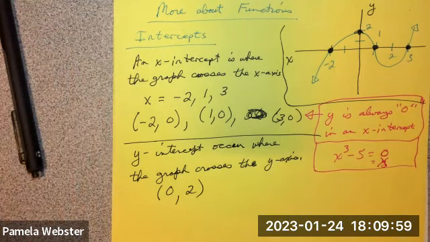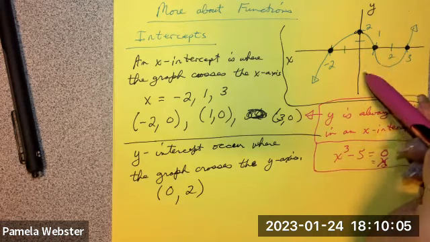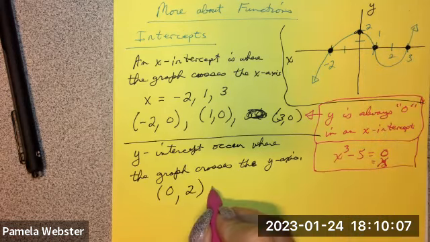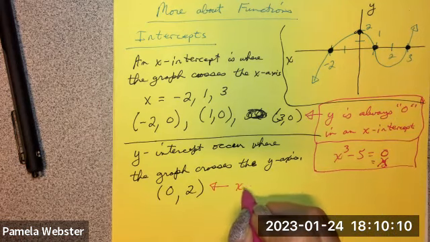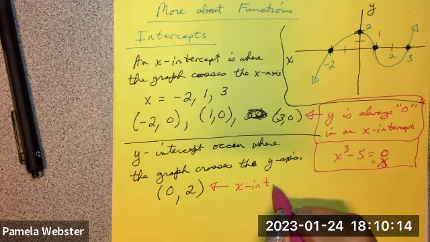If we have a function, by the way, we're only going to have at most one y-intercept, right? Because we can't cross the y-axis again, or we won't pass the vertical line test. So we only get one of those, and that's only if it crosses the y-axis.